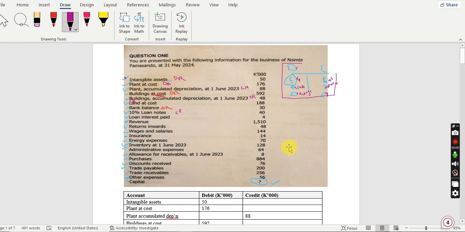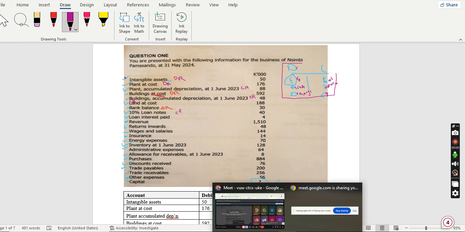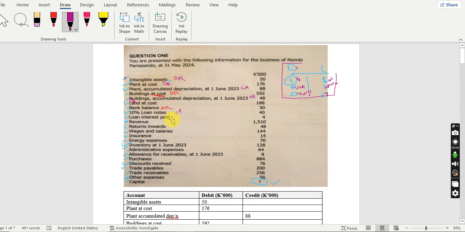Colleagues, this is not the time to be quiet. We are doing well, okay? We are doing well. Mr. Stern, where does this one go? On the debit side. Yes, because it's an expense, right? Okay, so debit.